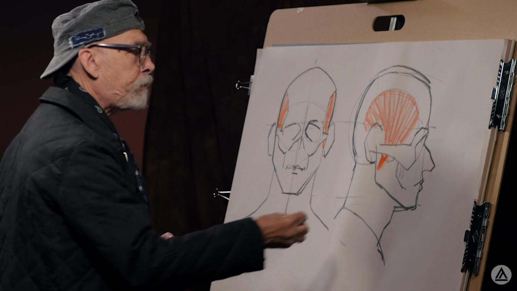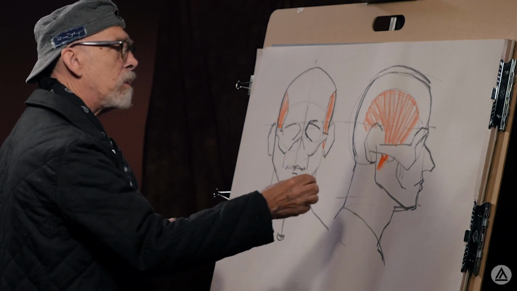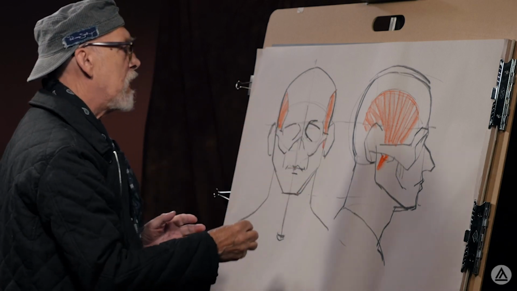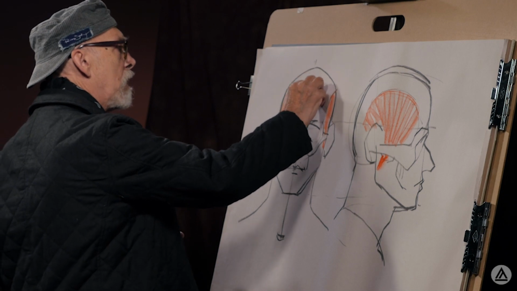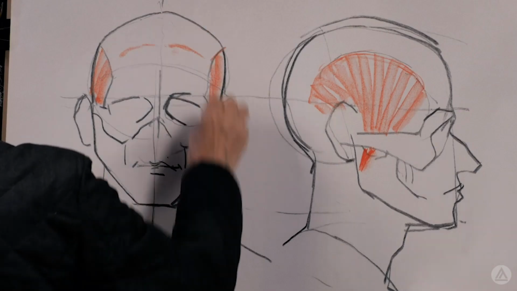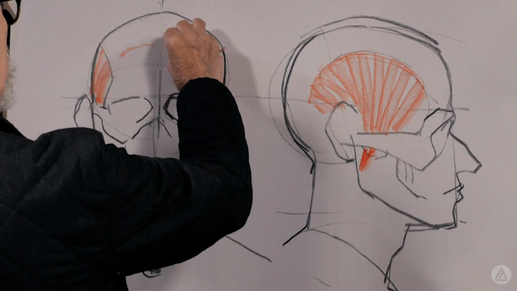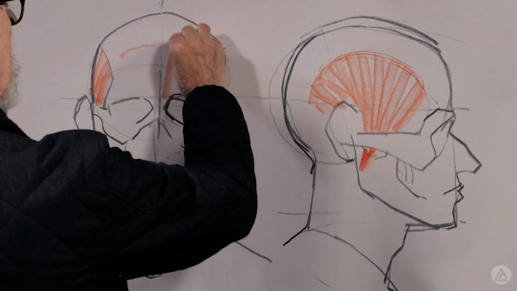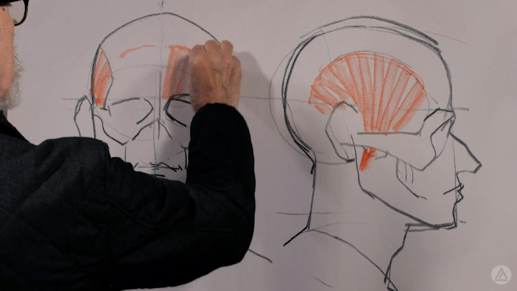The second large muscle on the top of the skull is the frontalis, and it starts about here, right about where a normal hairline would start, and it comes down to the brow ridge.